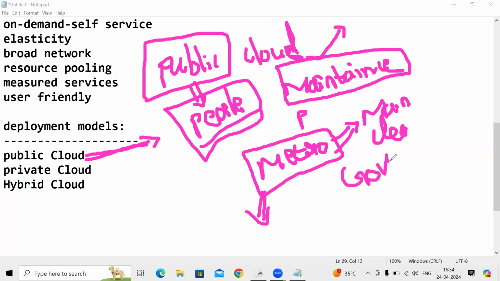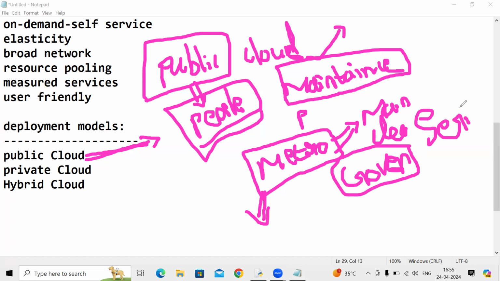Some metros are run by the government and some are private metros. All this maintenance, recovery and cleaning is taken care of by service providers. In the case of the metro, the service provider is nothing but the government, right?